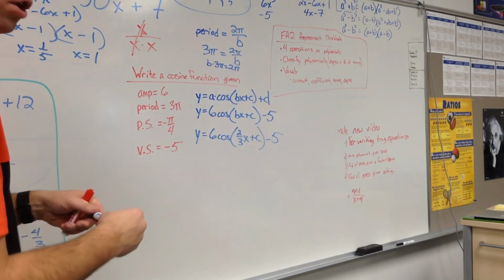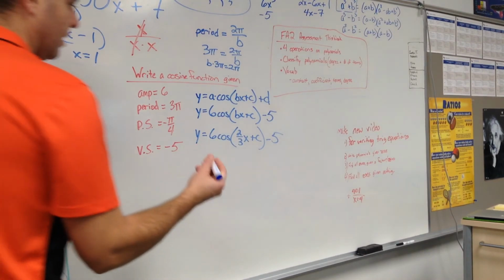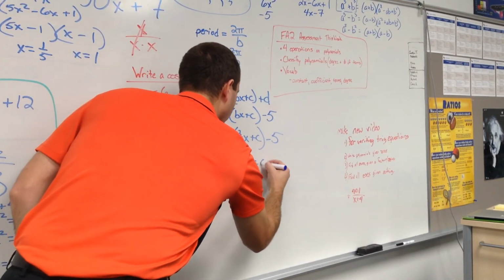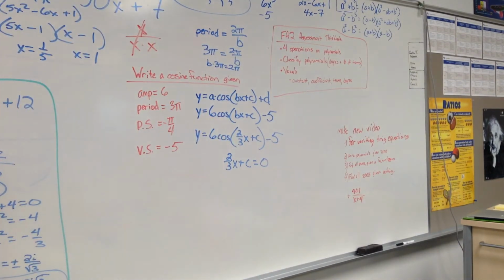So I'm going to set my parentheses equal to 0. But instead of solving for x, didn't they give me what the phase shift is? They told me the phase shift has to be -pi/4. So I can substitute -pi/4 in for x and solve for c.